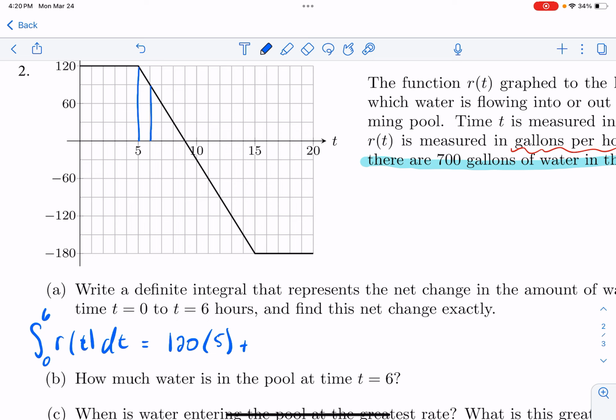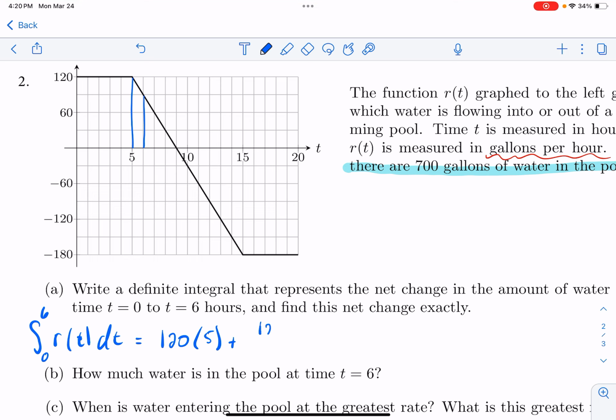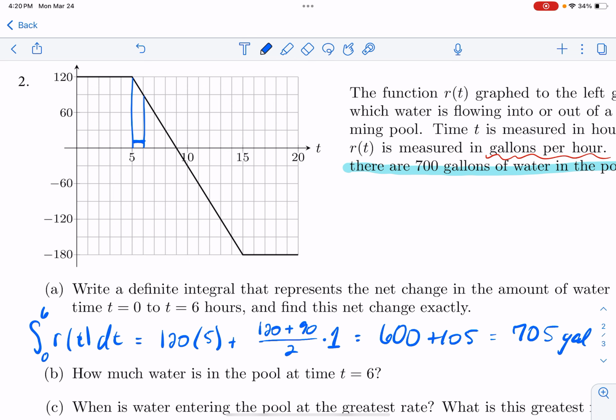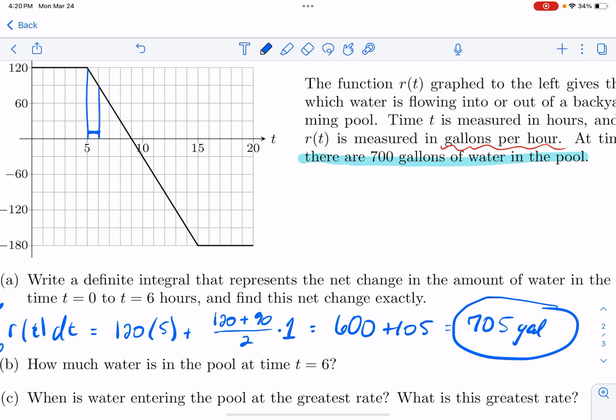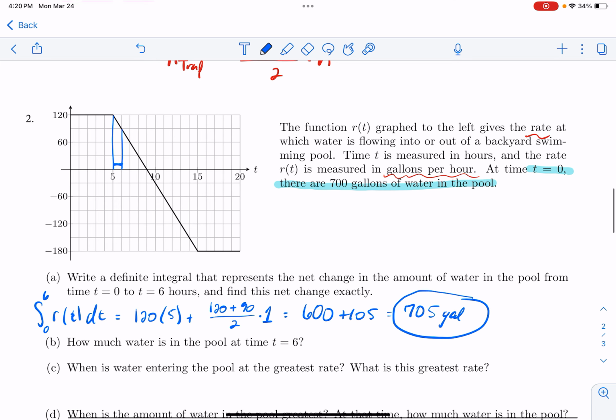That's, I said B1 plus B2, so let's see, 120 plus 90 divided by 2 times h. H is the distance between them. In this case, the distance between them is just 1. All right, when we add these together, we get 600 plus 105, and that gives us a total of 705 gallons that were added from 0 to 6.